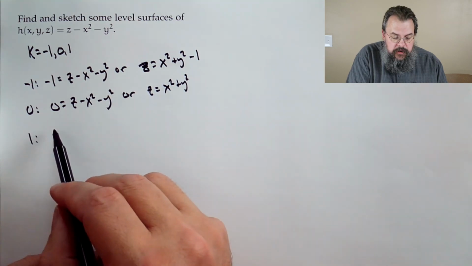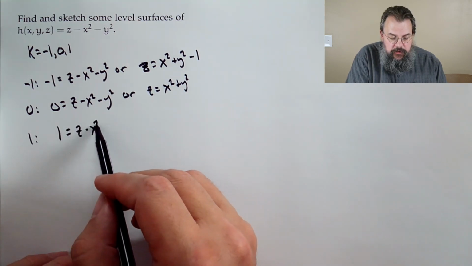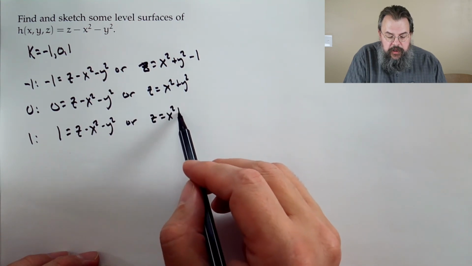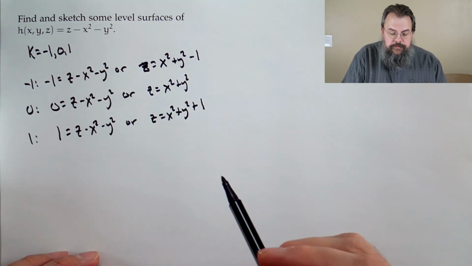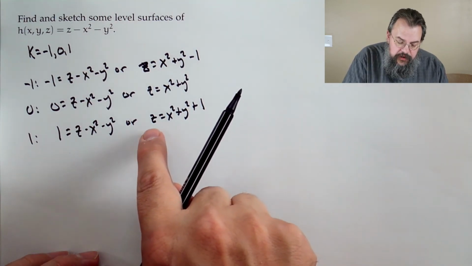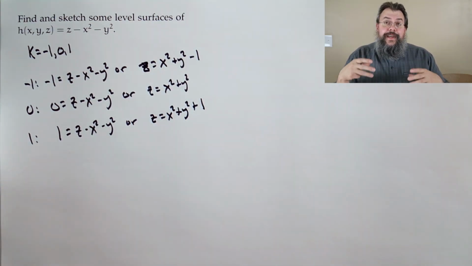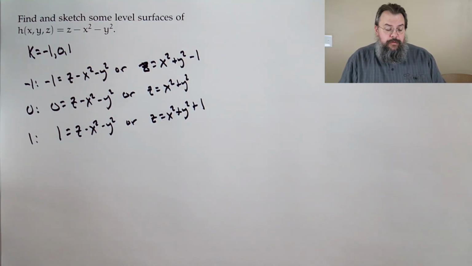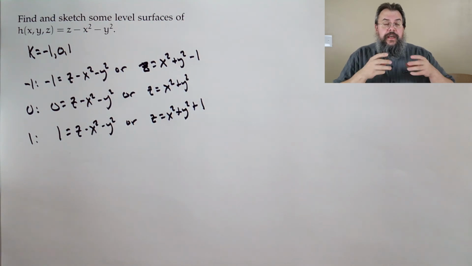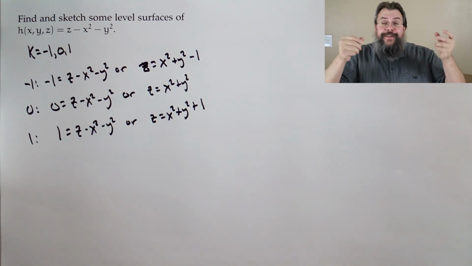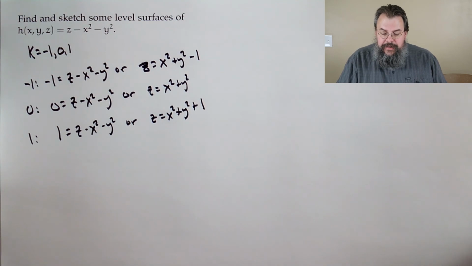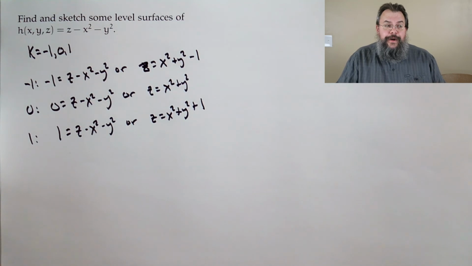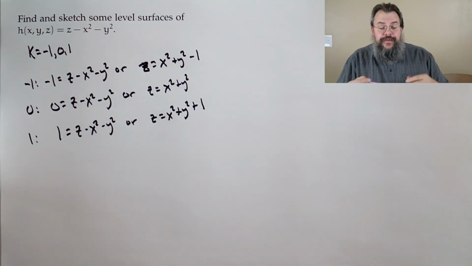And for 1, 1 equals z minus x squared minus y squared, or z equals x squared plus y squared plus 1. We say, well, look, it's really z equals, so that's good. And z equals x squared plus y squared, that's one we actually know about. Because we've talked about it when we talked about quadric surfaces. It's our bowl. So it's a bowl, and now we just have to think about, well, what are these doing here, the -1, +1? Well, they are shifts.